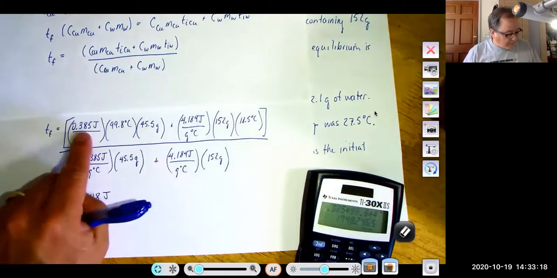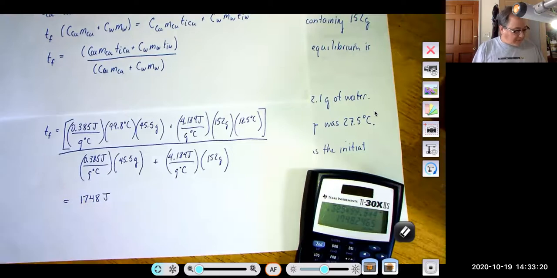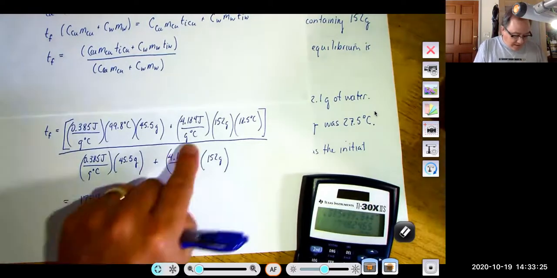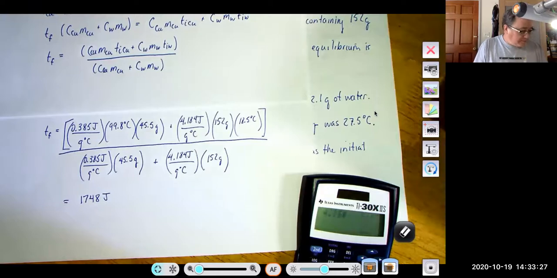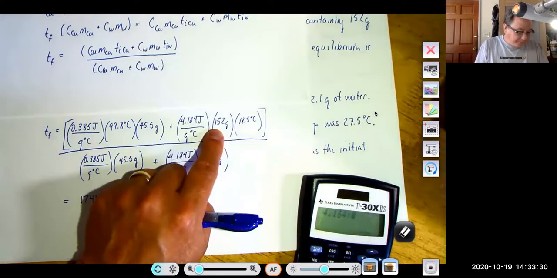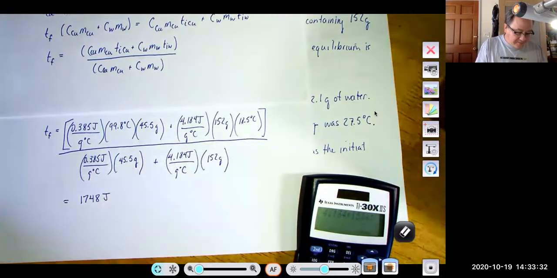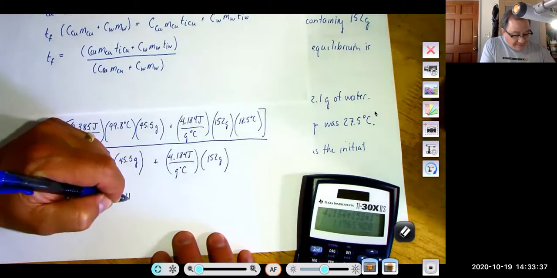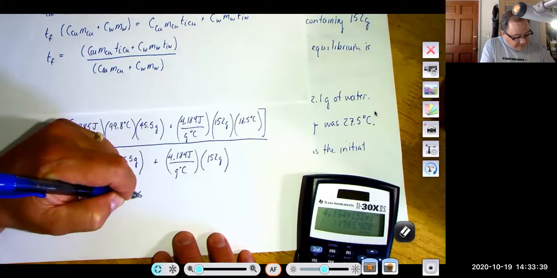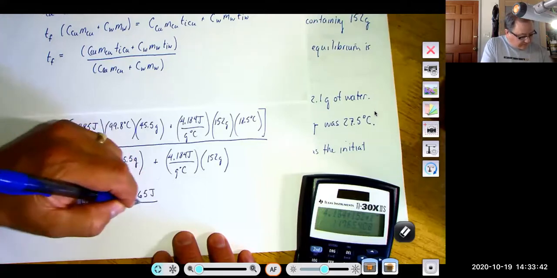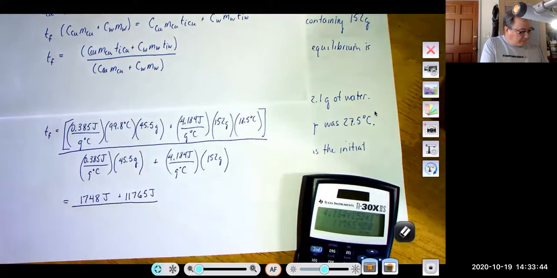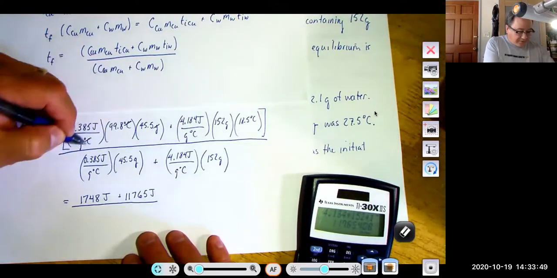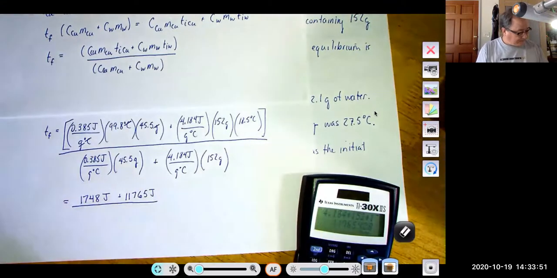And a fourth of 4,500, does that seem about right? Seems about right to me. Now here I have 4.184 times 152, and then times 18.5. And for that, I get 11,765 joules. And notice degrees Celsius cancel, the grams cancel for both of these. So that's why I say joules here.